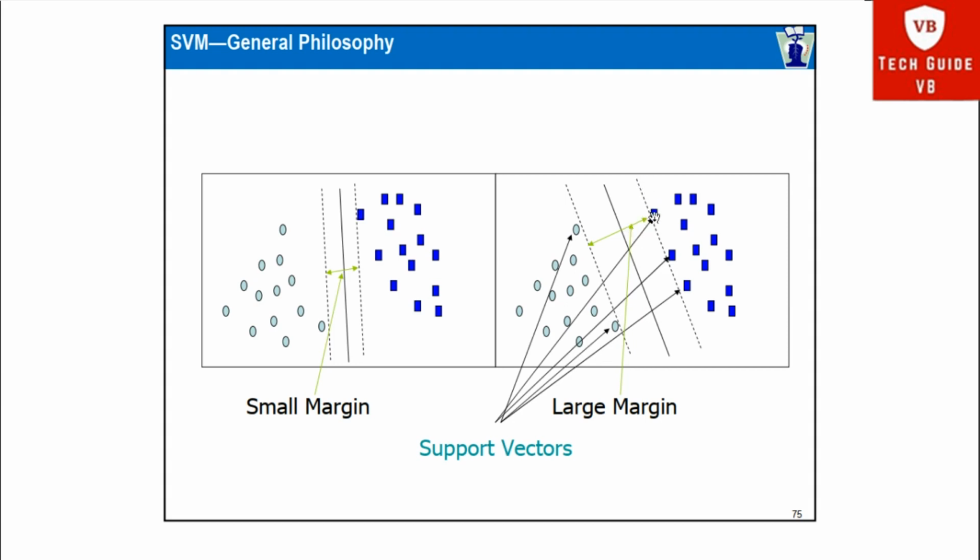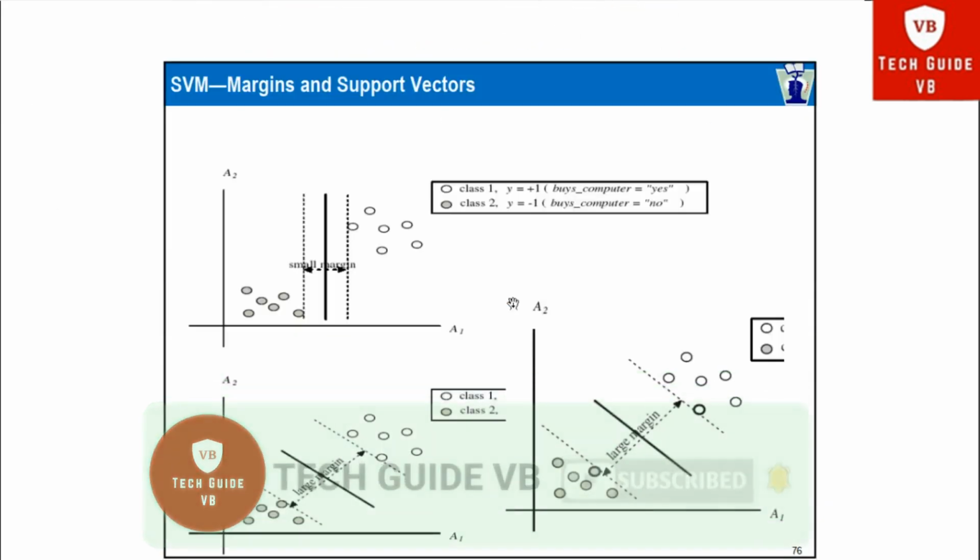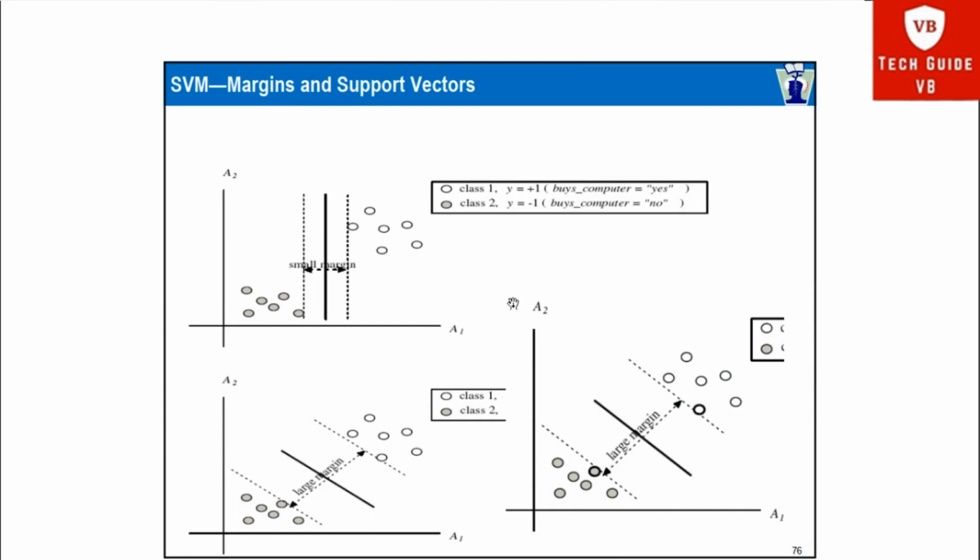That's why the margin is also large, to reduce the error between the support vectors and the margin. So this is the fundamental strategy in SVM. I have just elaborated this SVM philosophy in simple words for you. If we took any example, it would be very difficult to understand, so that's why I have made it simple for you.